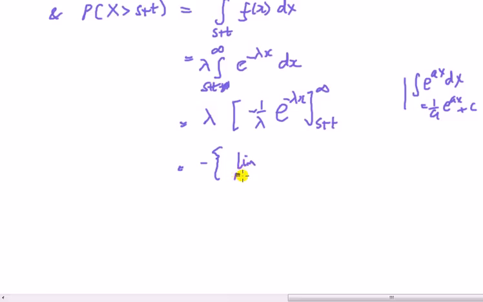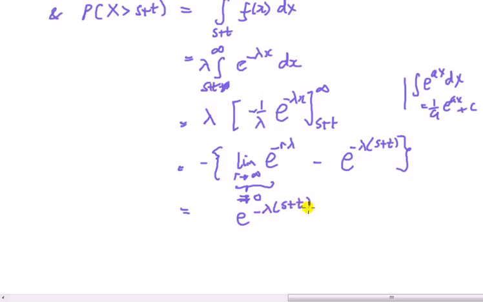It's the limit of r tending to infinity of e to the minus r lambda, and minus, substituting in, e to the minus lambda times s plus t. But in the limit as r tends to infinity, e to the minus infinity obviously tends to 0. Or since I've written it with a limit there, I should put equal to 0. That limit is 0. Minus and a minus, that's e to the minus lambda times s plus t.